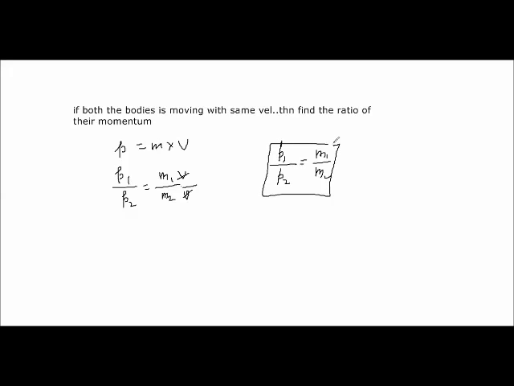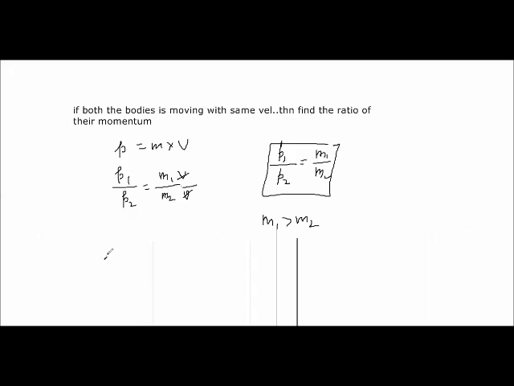So the body with heavier mass, if m1 is greater than m2, then P1 is greater than P2. A body of heavier mass has larger linear momentum as compared to smaller mass.